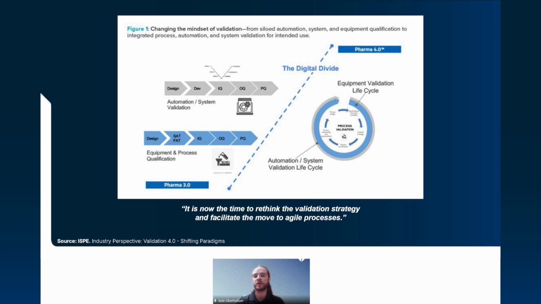That is moving from a specific IQ, OQ, PQ waterfall method to a more agile method where we have iterative risk management and process validation rather than specific system validation. I can go more into this if people are interested.